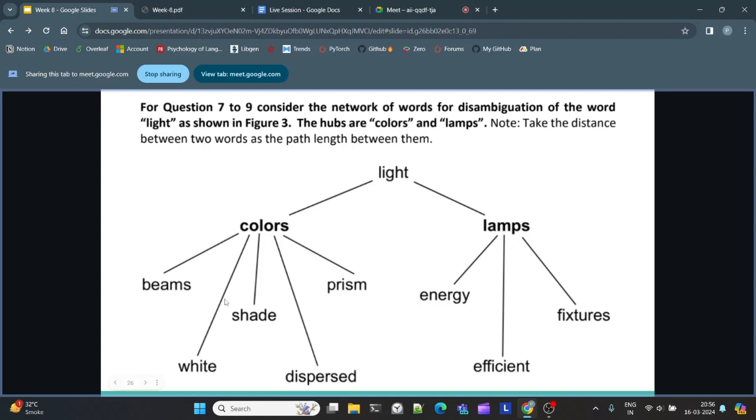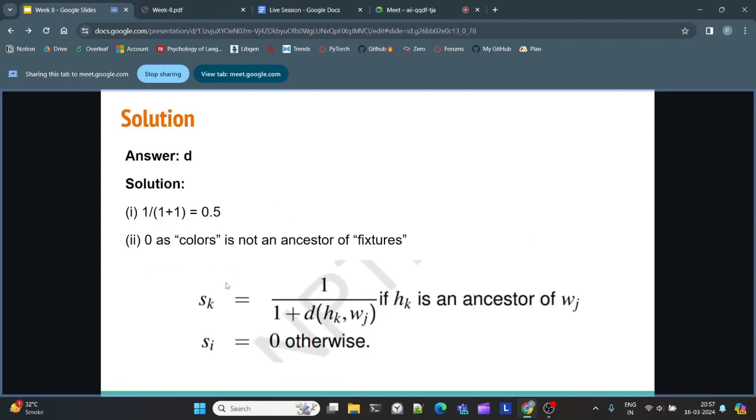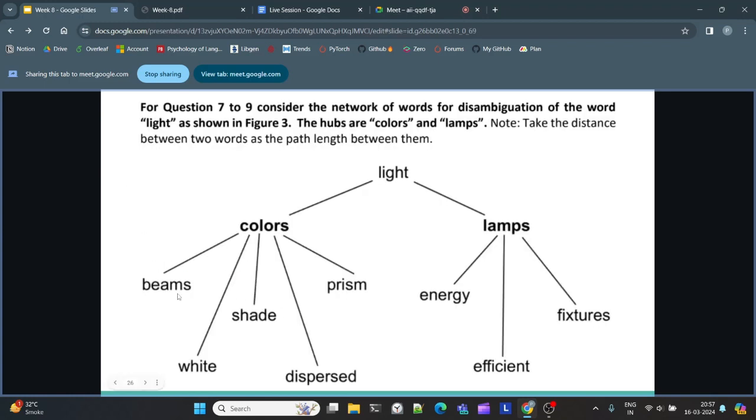The distance is 1. How do we compute the distance? The distance between two words is the path length between them. So the path length is 1, the distance is 1, and 1 by 1 plus 1 is 1 by 2, which is 0.5. Similarly, if you compute the value for the other words such as beam, shades, prism, dispersed, those would all have a value of 0.5 because the path length would be 1 in each of the cases.